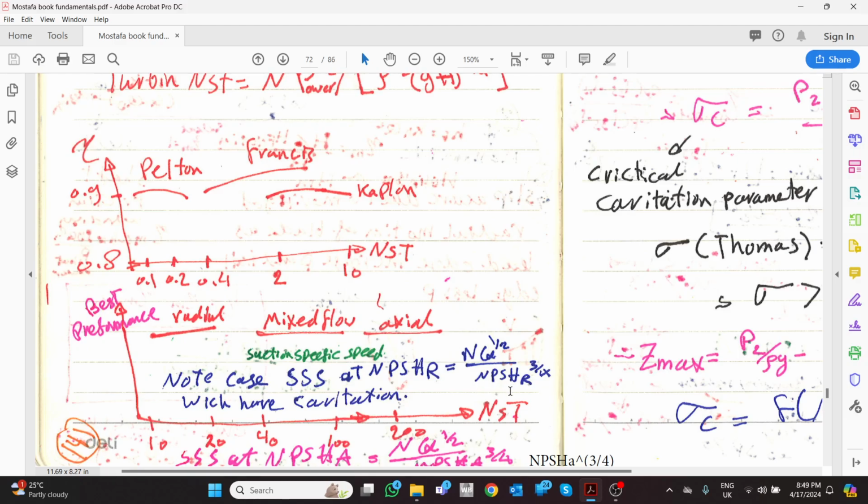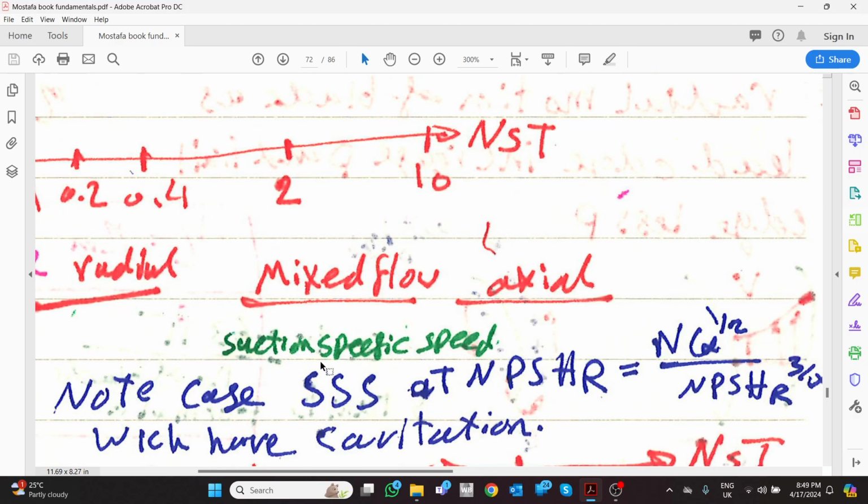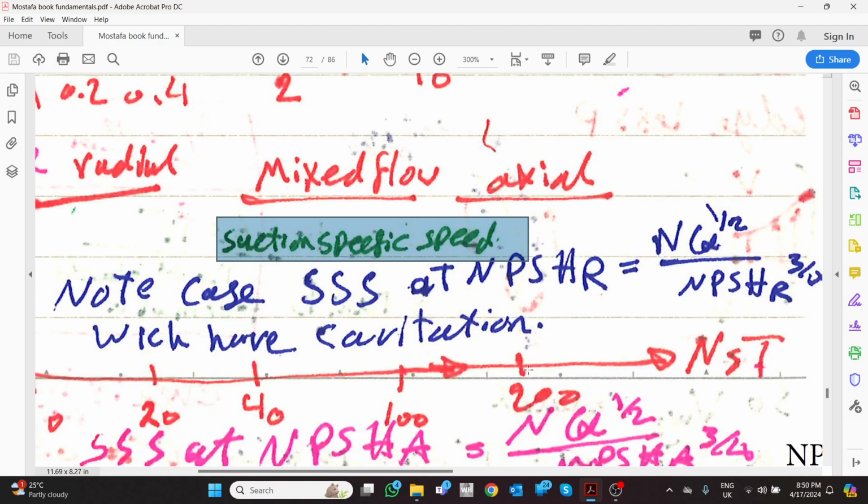What is this one? It is very simple. The suction specific speed is just a dimensionless analysis.